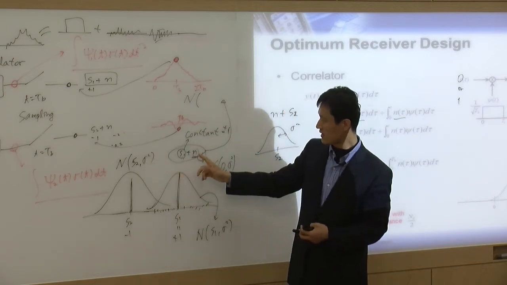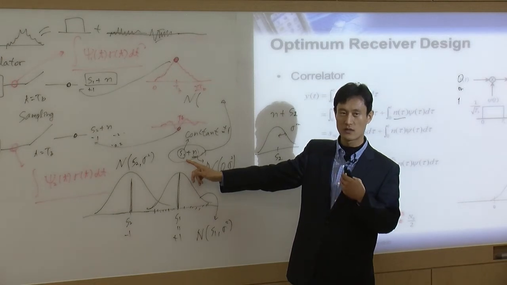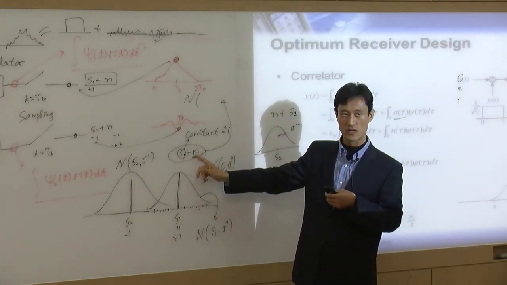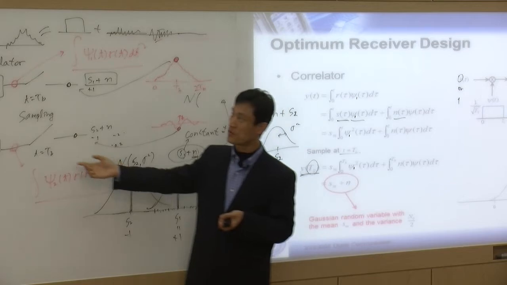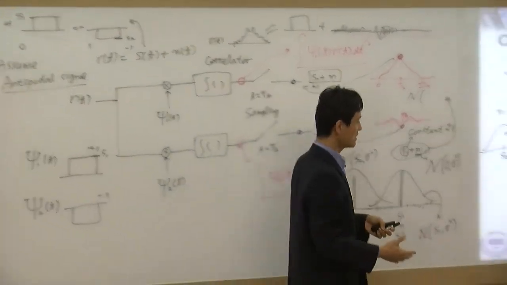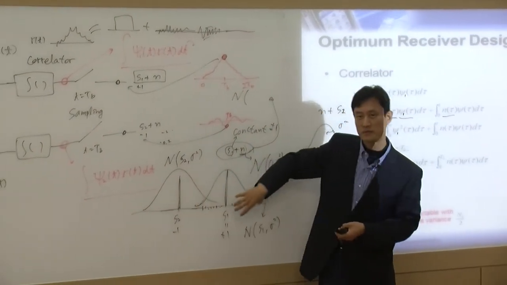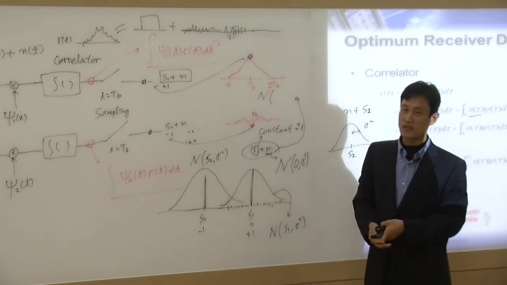S1 is what we want to get, but it's S1 plus noise, and the noise has a distribution because noise is random. S1 is a constant. Maybe it's plus 1 or minus 1 or plus 2, whatever you decide, that's going to be constant. That's why we have these two Gaussian distributions in the binary case.